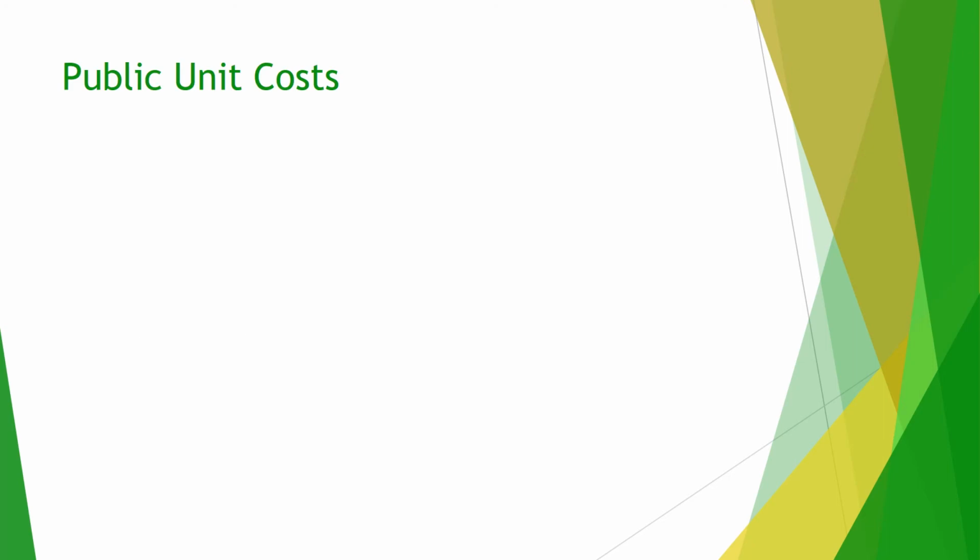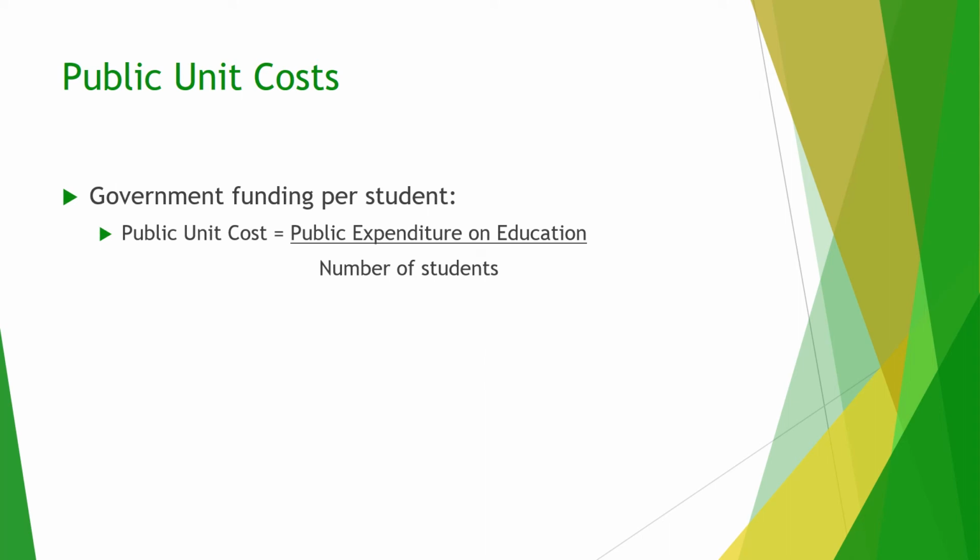We talk of public unit costs, and the definition of the public unit cost is the government funding per student. So it's the total expenditure on education divided by the number of students.